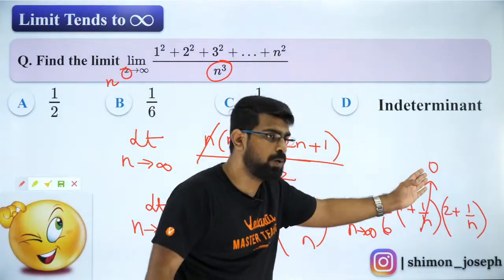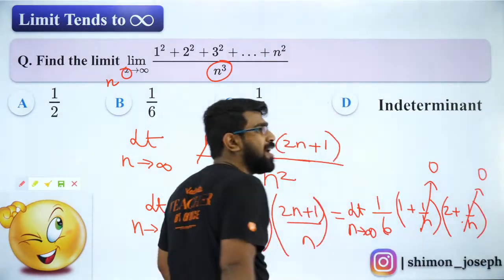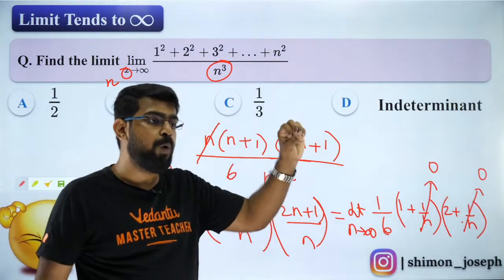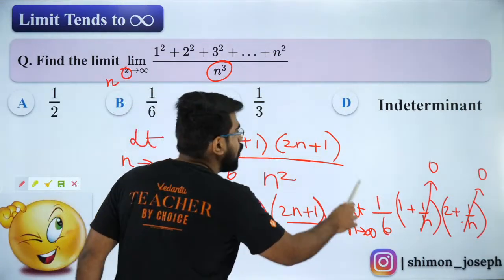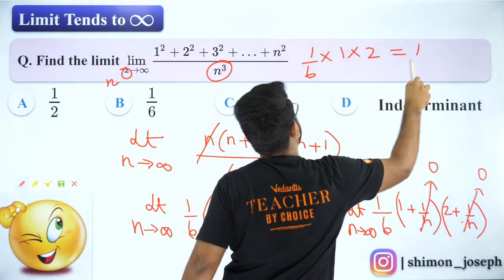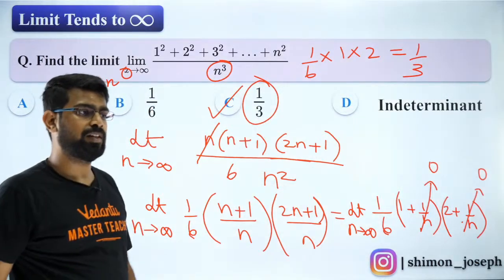So it's almost 0. Similarly, this is also 0, because whenever you have a finite number divided by infinity, it becomes 0. So therefore, the answer is what? 1 by 6 into 1 into 2, which is 1 by 3. So that is the right answer. I hope you guys got it.